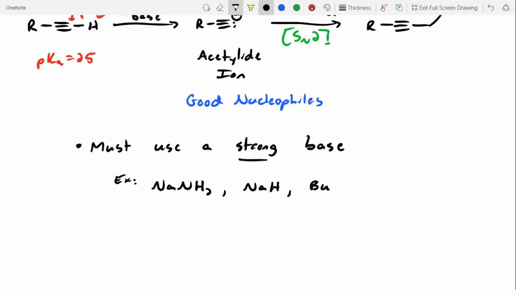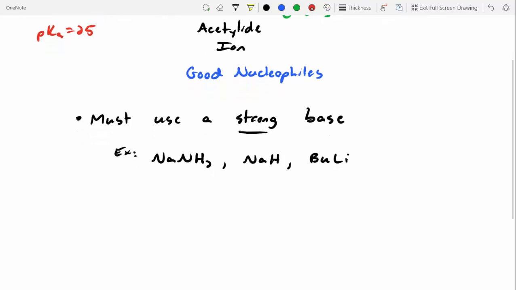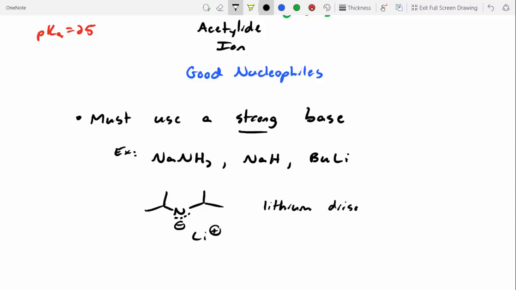So people will just say BuLi. That one works really well. There's also another one called LDA. That looks like this. That nitrogen has a negative charge and the lithium's positive. This is lithium diisopropylamide. And most people just refer to this as LDA. All 5 of these are acceptable bases for deprotonating a terminal alkyne.